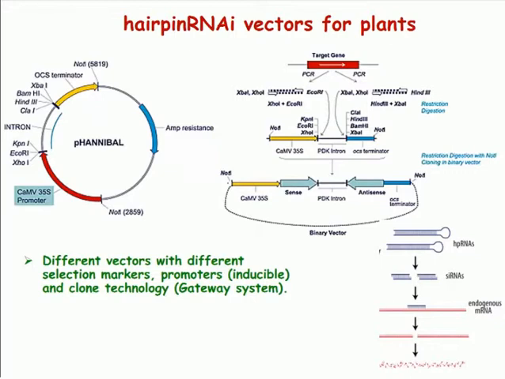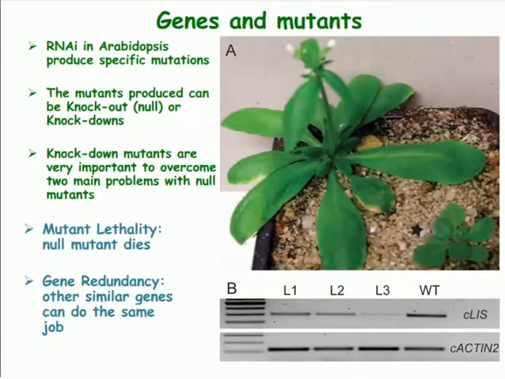There are lots of different vectors with different selection markers and different promoters. Some of them are inducible, so you could induce the expression of the RNAi, and depending on where and how much you put, you could have more or less knockdown. So that's really nice. And there are different cloning technologies, like in any other system. They can produce knockouts, so null mutants. But the beauty of RNAi is not just that.